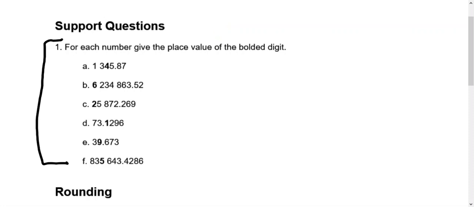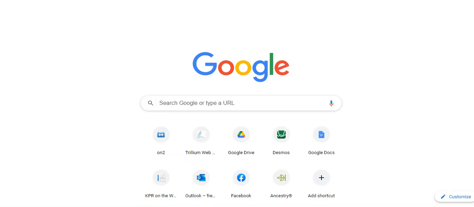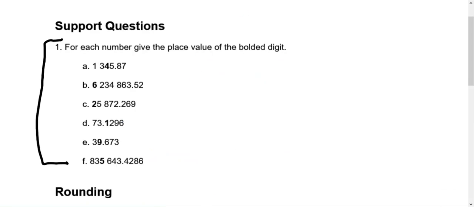All right, we're back now, and hopefully you've noticed that you can find those spots. I'm going to try typing in some of these answers on my computer. I can say this one is in the tens spot because it is two spots left of the decimal.